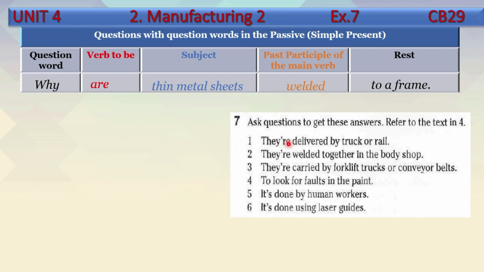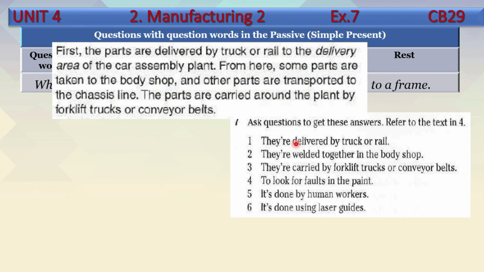Great. Now, what is delivered? That is our subject. And to know this, we need to go back to the text. So, going to the text, we have: first, the parts are delivered by truck or rail. So, our subject is the parts.